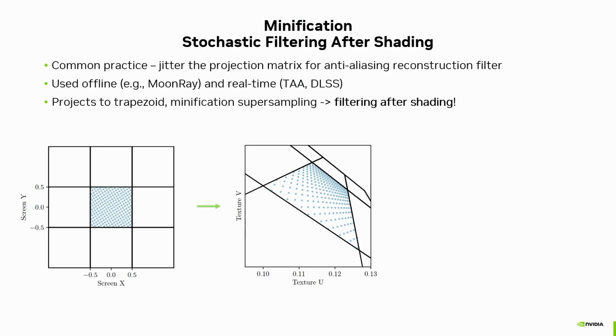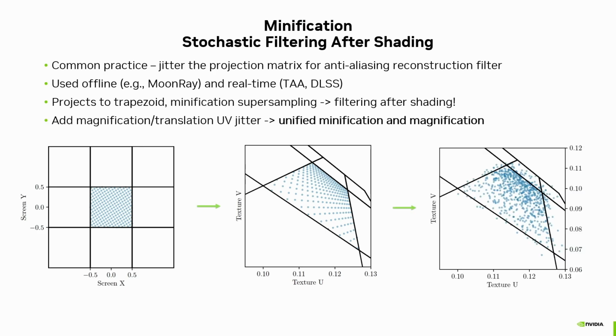So we don't need to do anything there. If you disable MIP maps, you have your camera jitter, you get minification, supersampling, and filtering after shading. And I bet many of you probably use this in practice and observed how it nicely can anti-alias specular. So we don't need to do anything there. We just add this small magnification translation UV jitter, and we get very simple, minimal handling of minification and magnification.